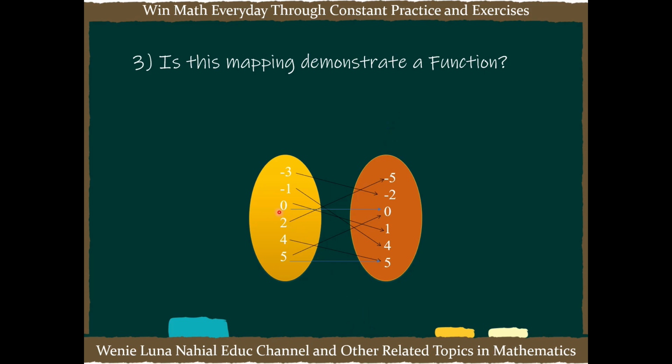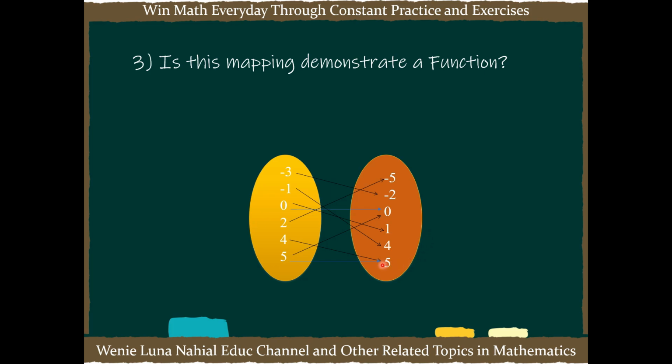For example, 0 is associated to 0 and 1, 4 and 5 is associated also to 0 and 5.